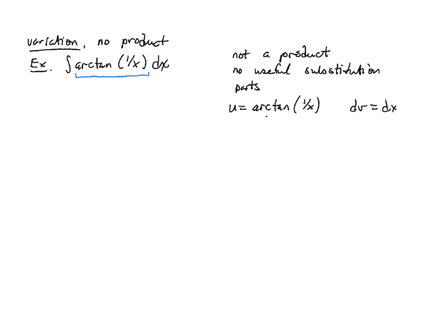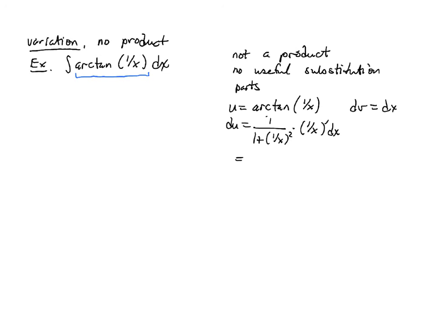So we have to figure out what du is. The derivative of arctan of stuff is 1 over 1 plus stuff squared. And because this is a chain rule problem, I have to multiply by the derivative of the stuff. And I also have to multiply by dx.